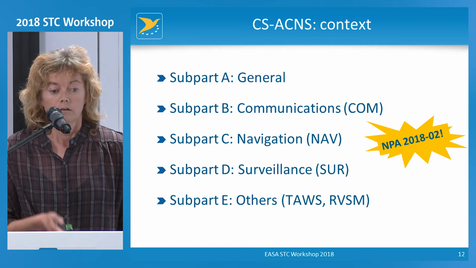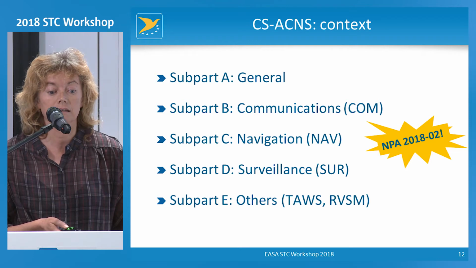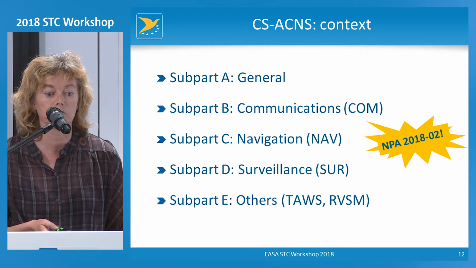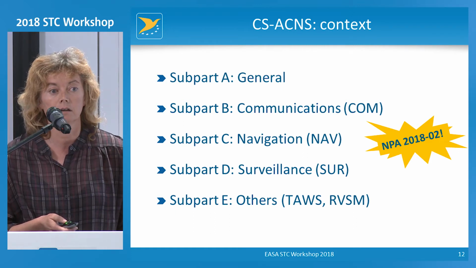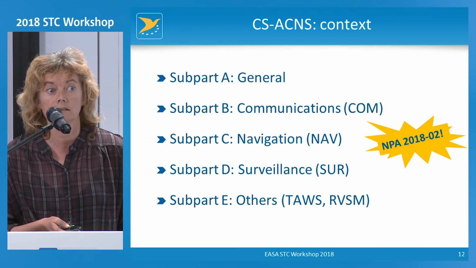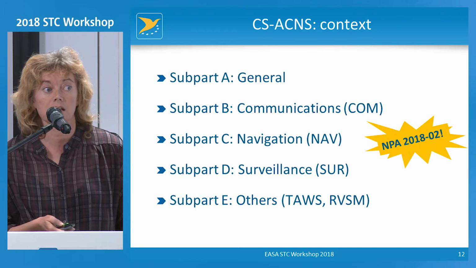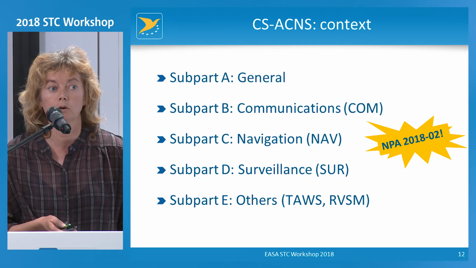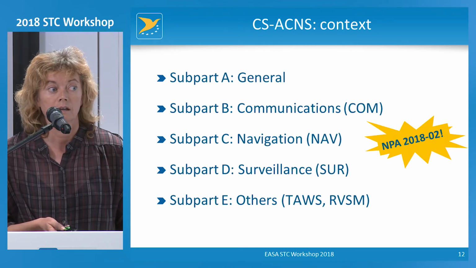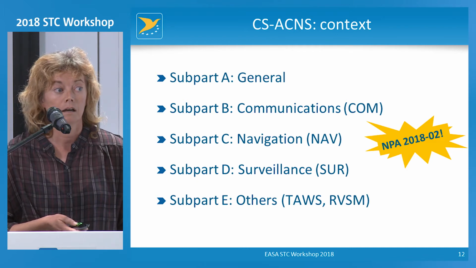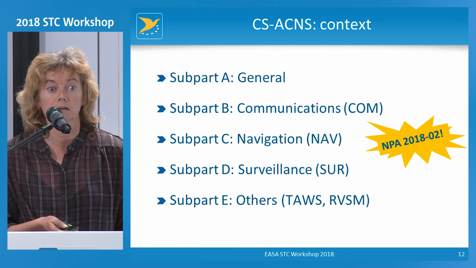For subpart C, navigation, in February this year, it was published in Notice of Proposed Amendment 2018-02. The commenting period for this NPA has expired. It ended at the end of May. As far as I understood, a little bit more than 500 comments were received. And it will now go into the comment response document, and probably the decision will be taken at the beginning of next year.